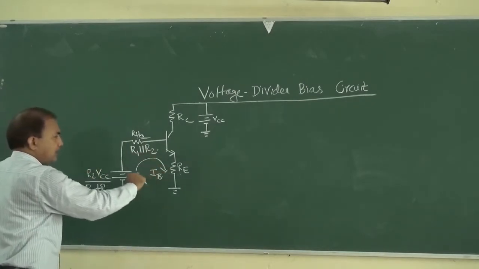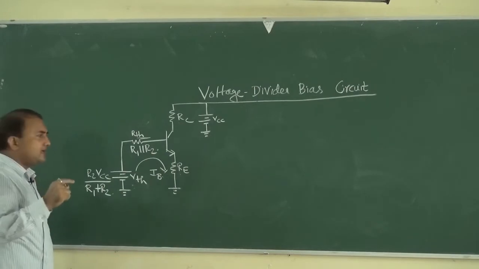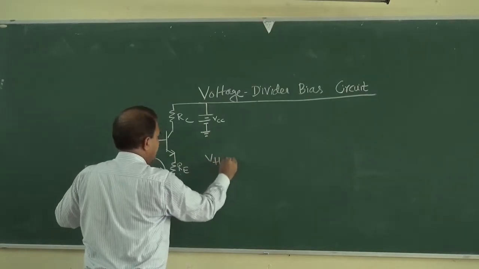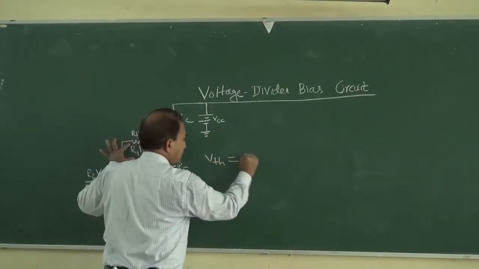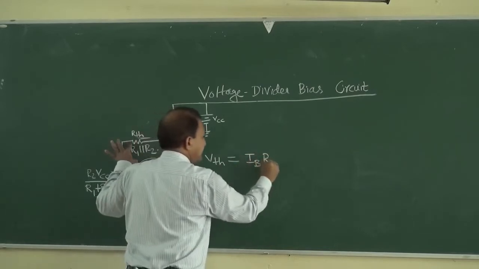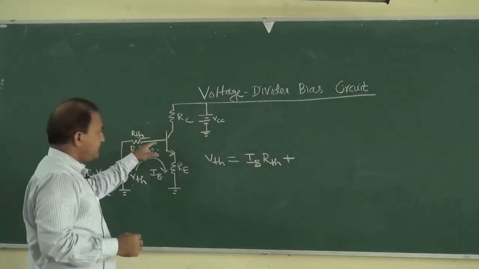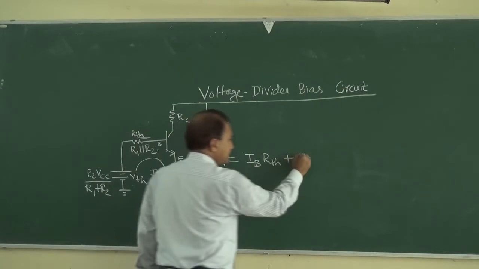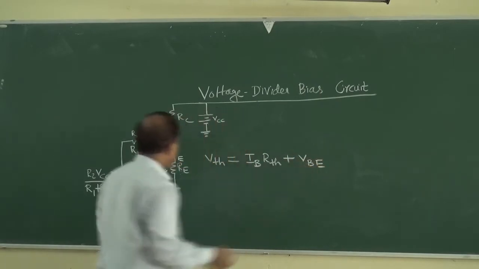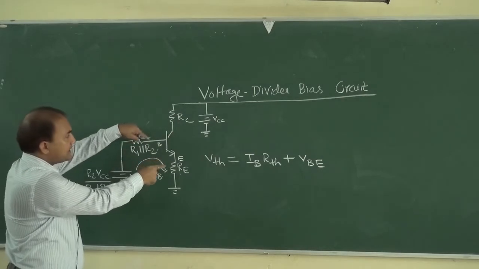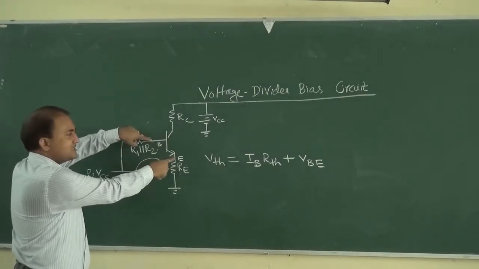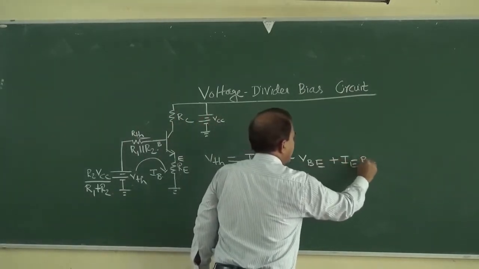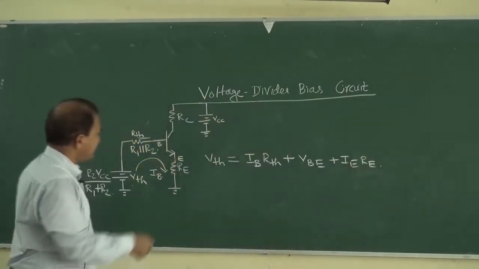In this loop, if we apply Kirchhoff's voltage law, then we can write VTH is equal to IB multiplied with RTH plus VBE. This is the base terminal and this is the emitter terminal. VBE is the voltage across the base and emitter terminals. Plus IE multiplied with RE.